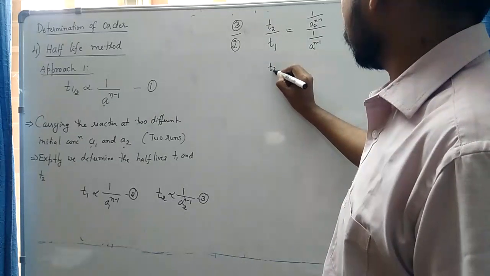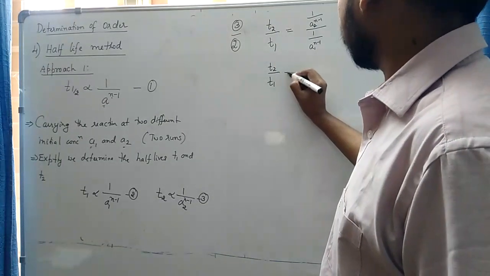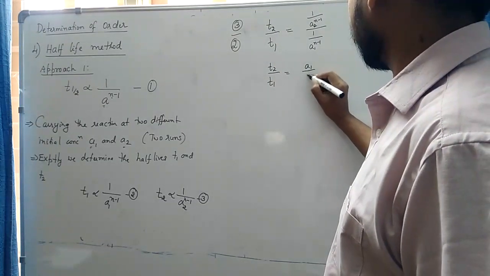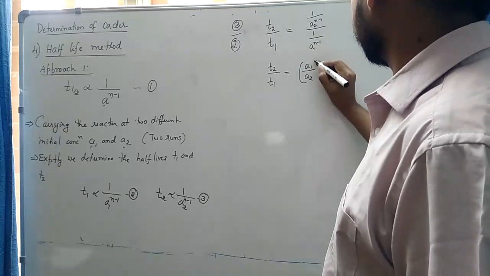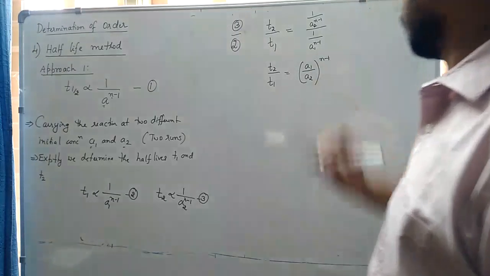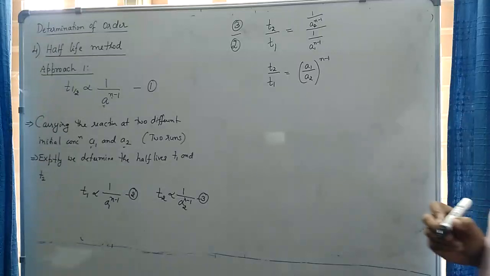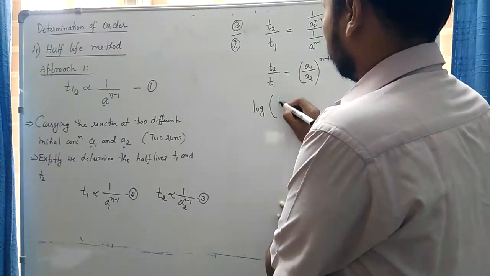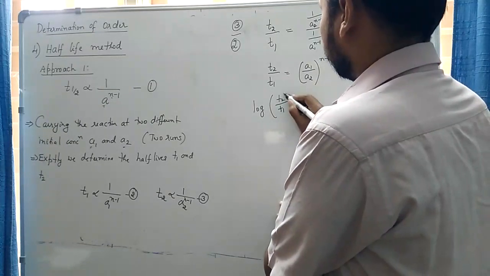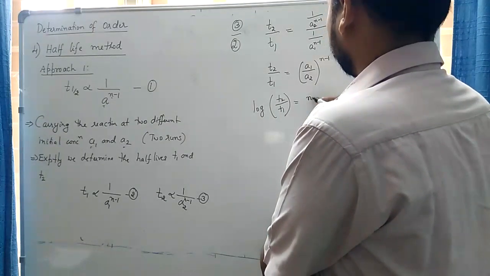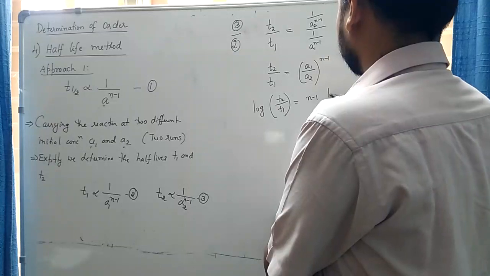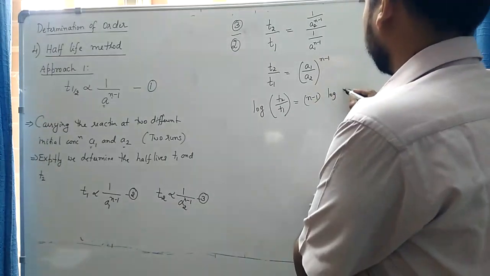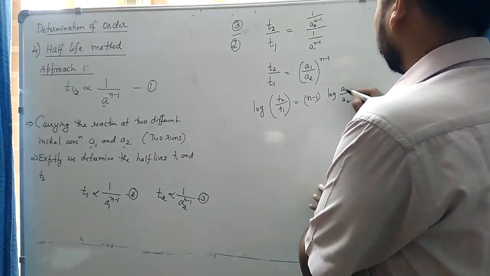That is, T2 by T1 is equal to A1 by A2 to the power n minus 1. Now let us take log on both the sides. You get log of T2 divided by T1 is equal to n minus 1 into log of A1 by A2.